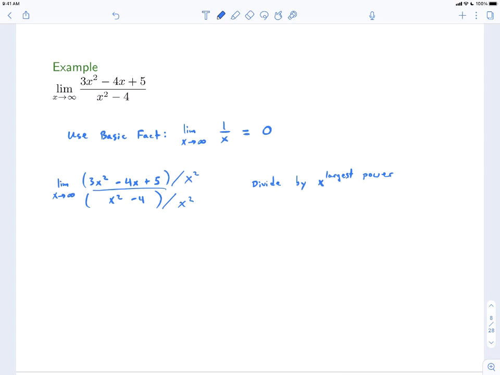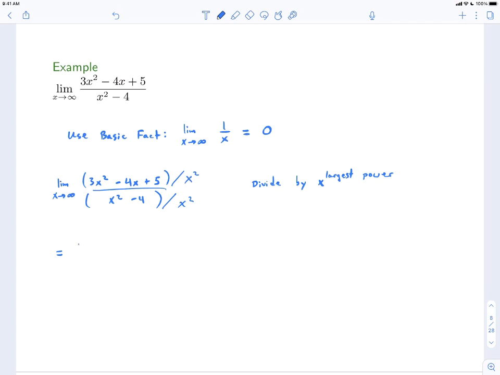Divide both the numerator and the denominator by x to the largest power. In this case, that largest power is 2. So we divide by x to the 2, both the numerator and the denominator. If you divide the numerator by something, you have to divide the denominator by it as well.